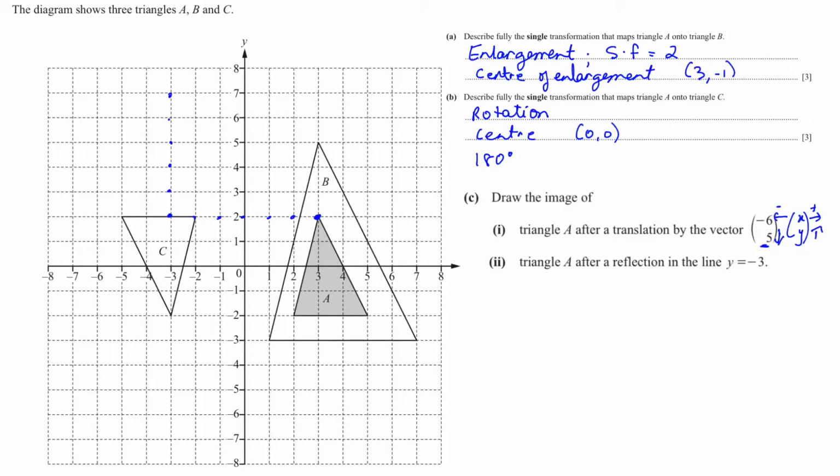And then you can draw looking at the triangle, or you can choose another point the same way. This is there. So 6 left, 1, 2, 3, 4, 5, 6, and then 5 up. 1, 2, 3, 4, 5. Join the points together. 1, 2, 3.